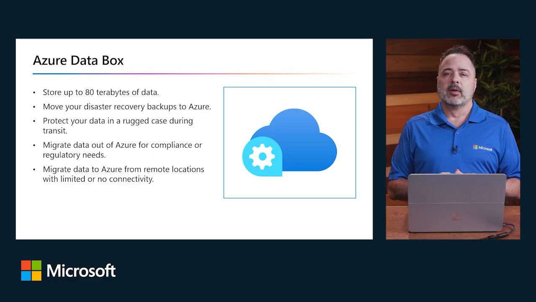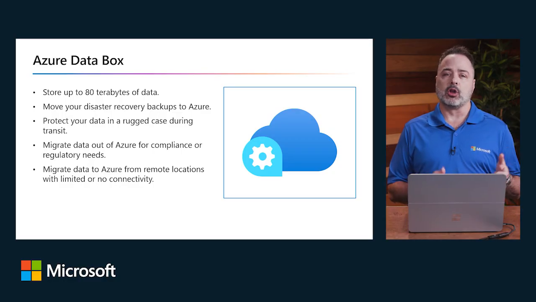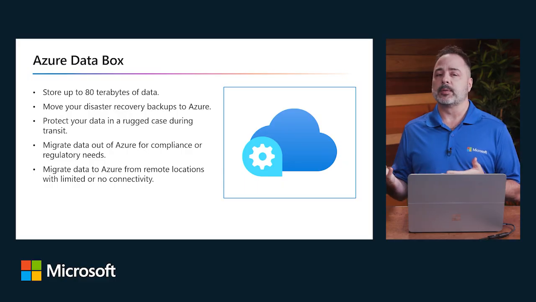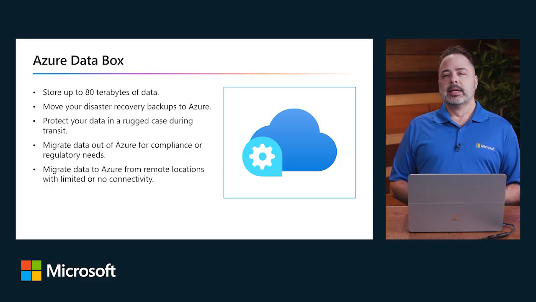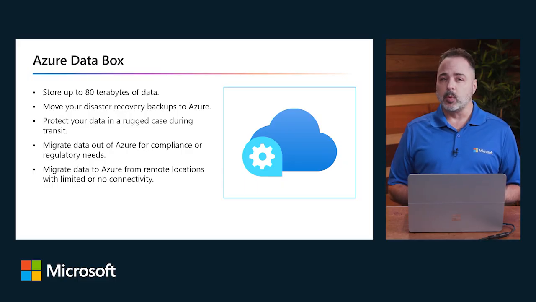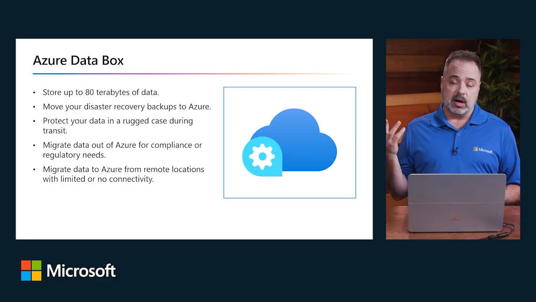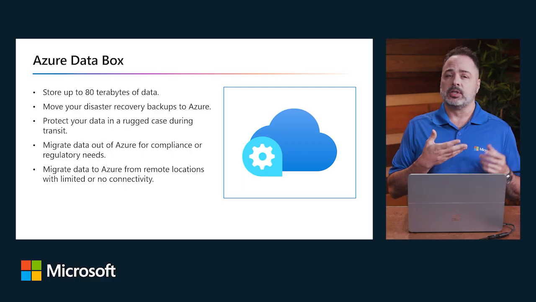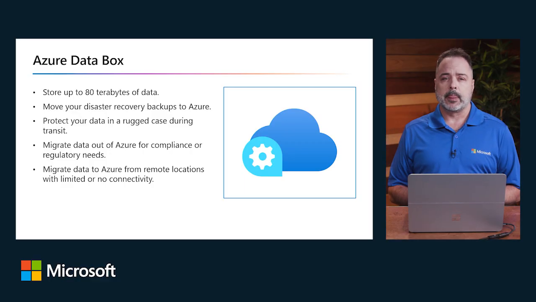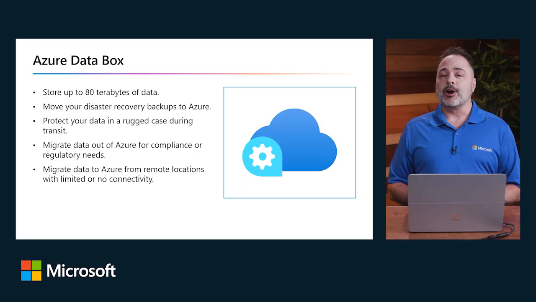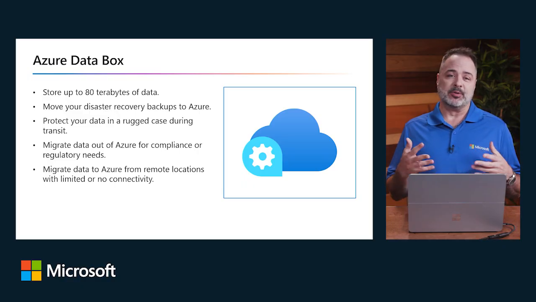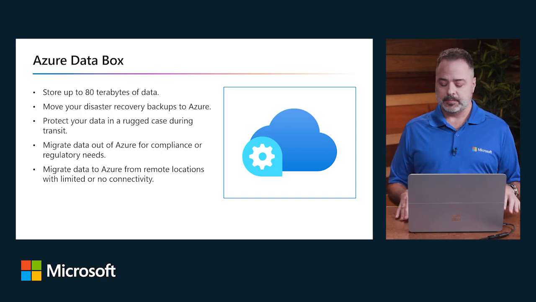For example, you can use Data Box for a one-time migration when a large amount of on-premises data is moved to Azure. Data Box can also be used to export large amounts of your data from Azure to your on-prem environment. And there's even a larger option called Azure Data Box Heavy if you need to move up to a petabyte of data.